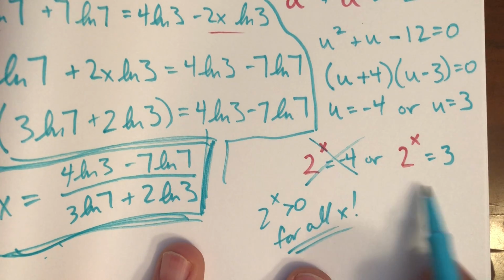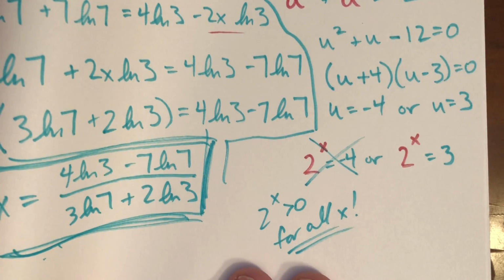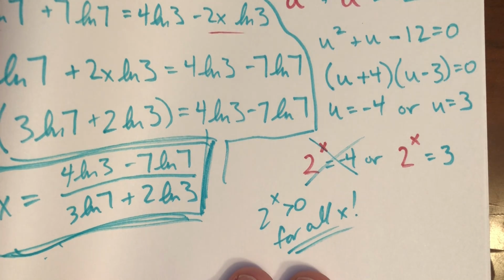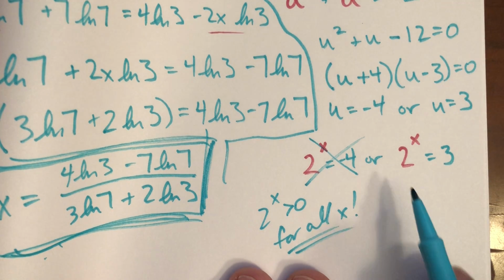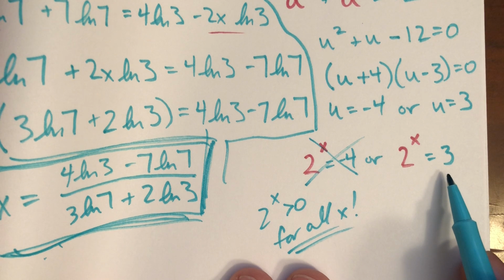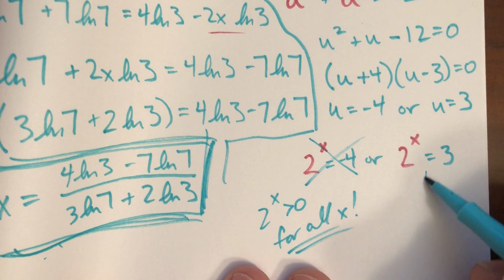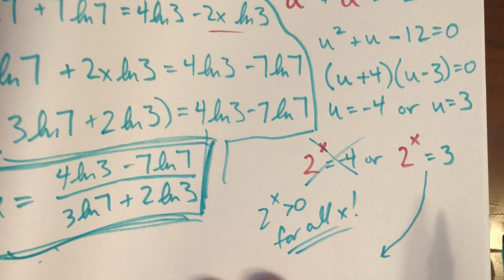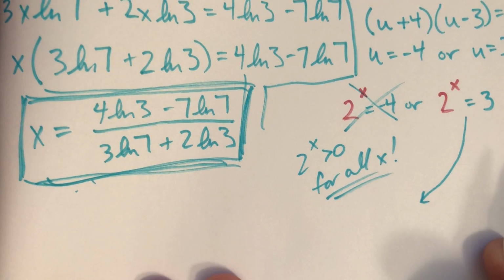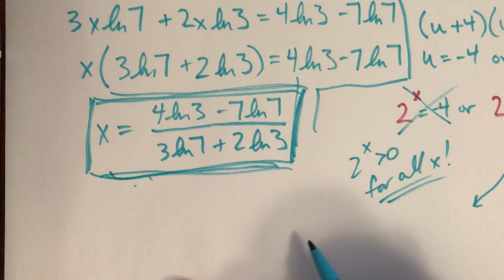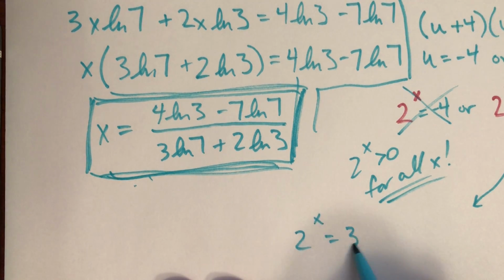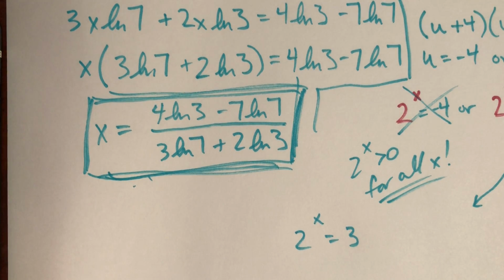So this other one, we are going to get a solution. We're going to have to either rewrite these using the same base, and that's going to be inconvenient for us, so we're going to do what we did on the last problem. Let me take this down here so I can quit holding that there. So we have 2 to the x equals 3. Well, we can just pull the same trick, right?